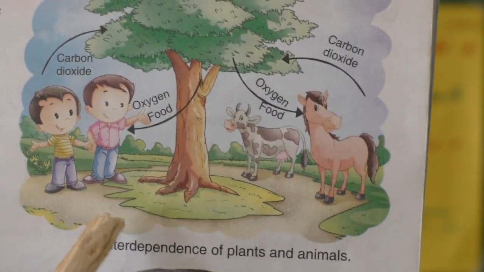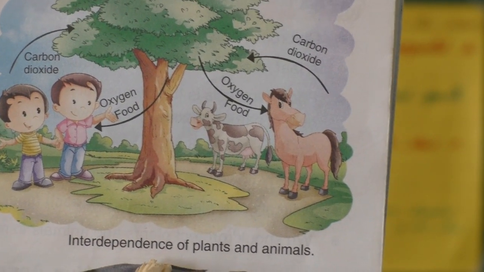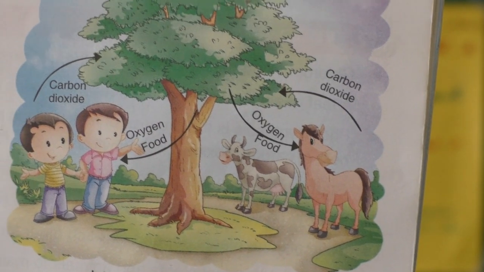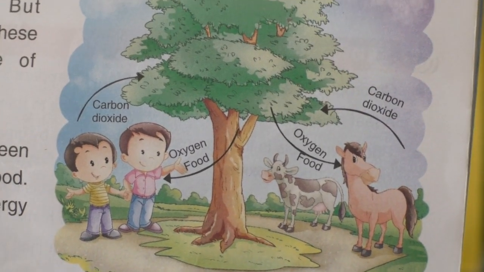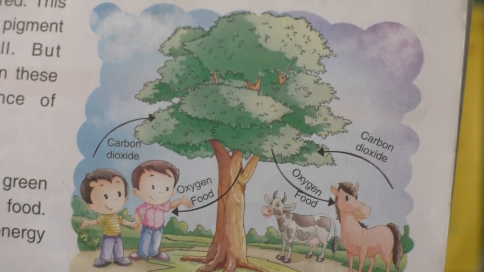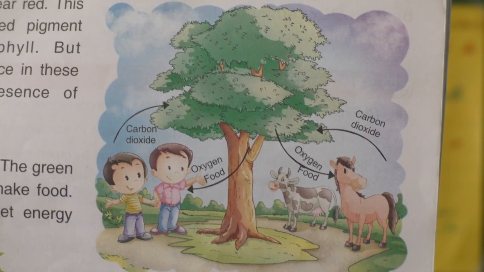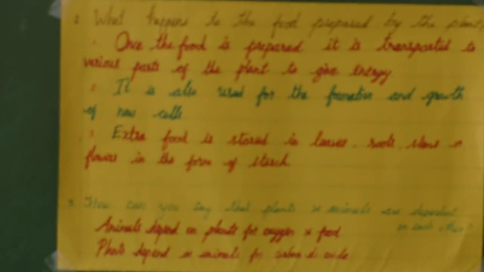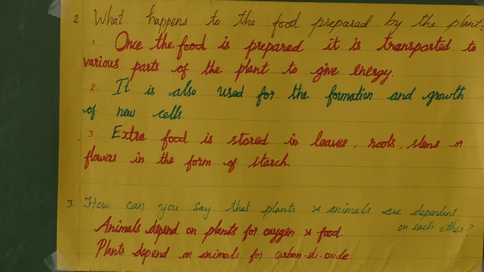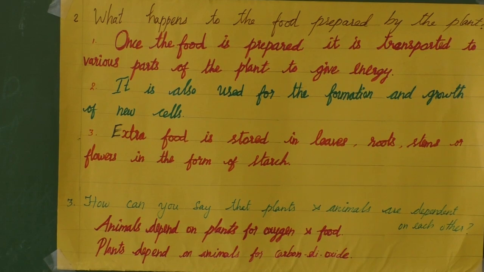This we call interdependence of plants and animals. It's there in your book, page number 7. Look at the picture very closely and understand the concept. Clear children? Then we'll go for the next question, the 4th one.